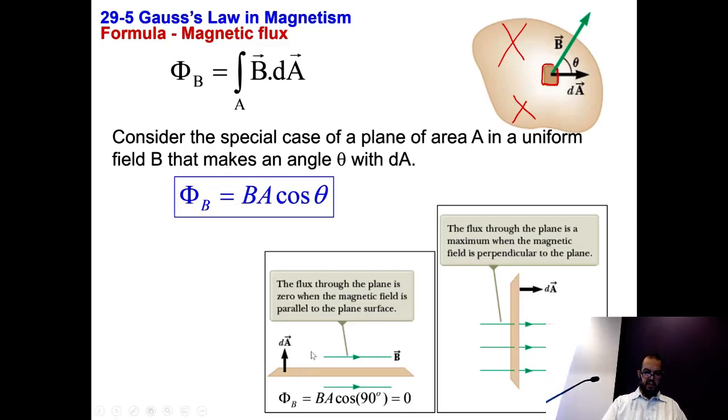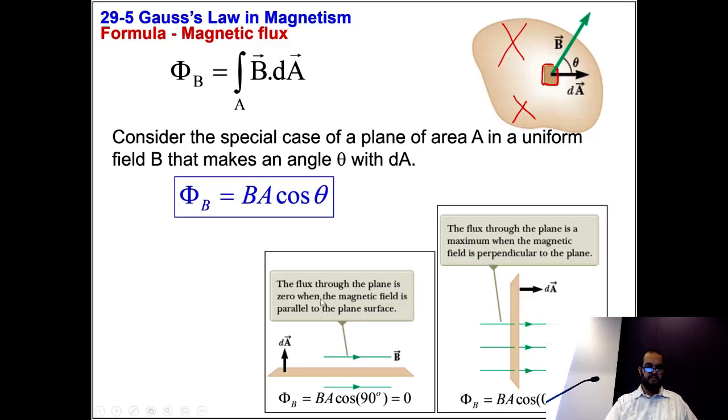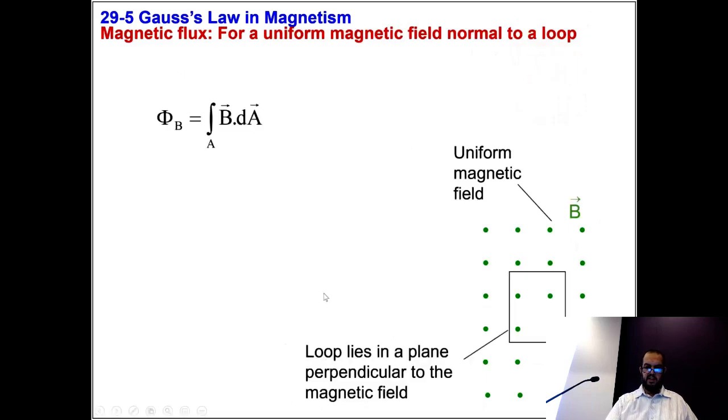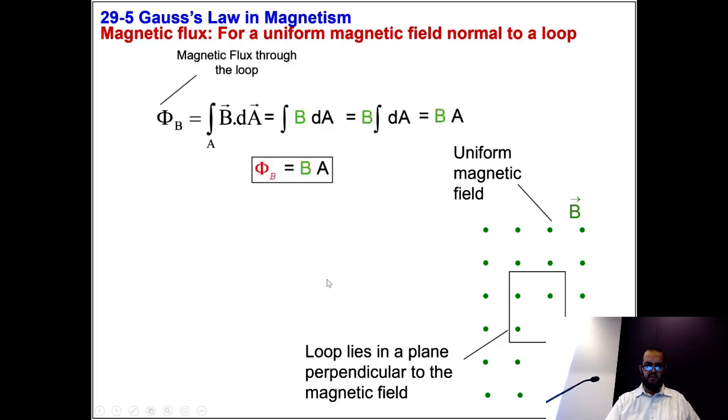So in one case it's 0, and in this case it's just BA. If we have a simple situation, we can easily determine the flux. This is for a magnetic field that is perpendicular to the area vector, and we get just B times A.